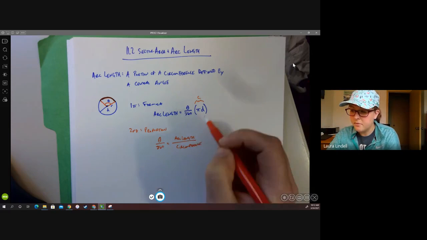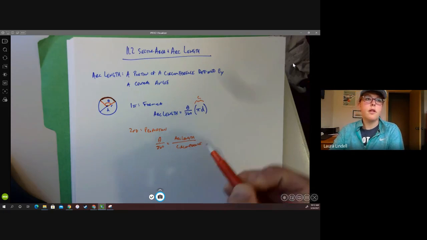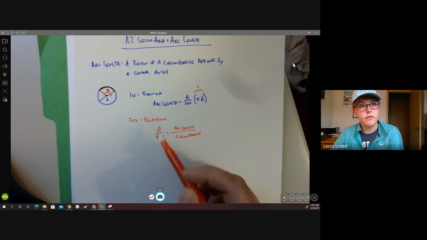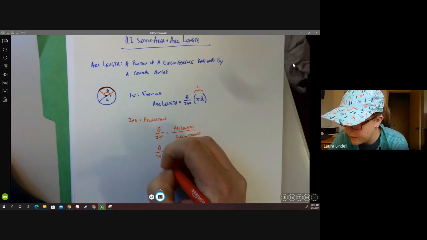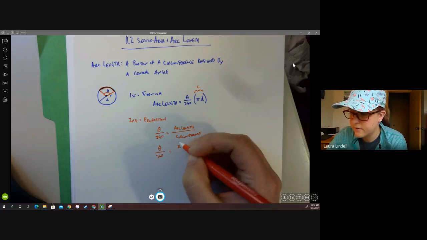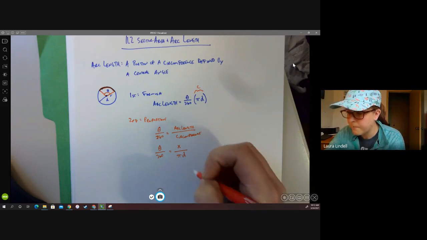And so the formula is basically a rearranged version of the proportion. So a better representation of this might be the angle over 360 is equal to the arc length, we'll call that x as a distance here, over pi times diameter.